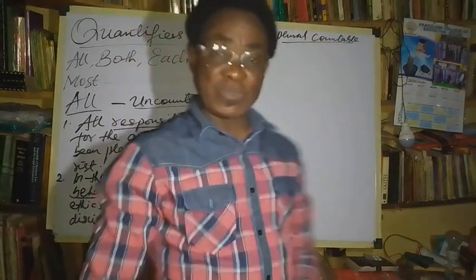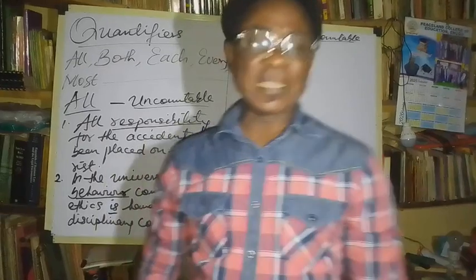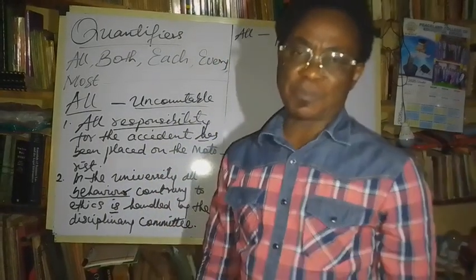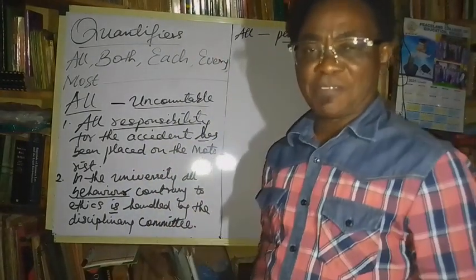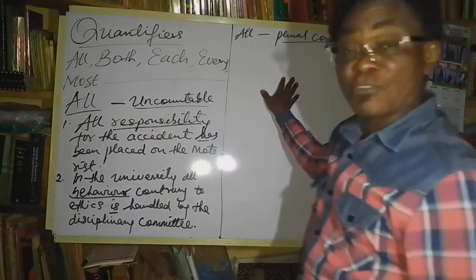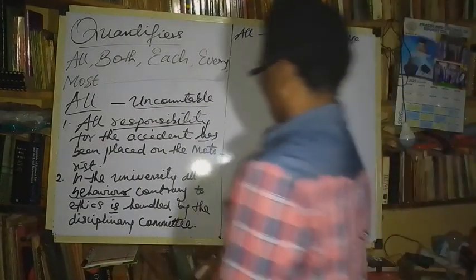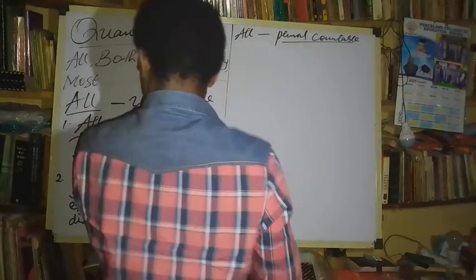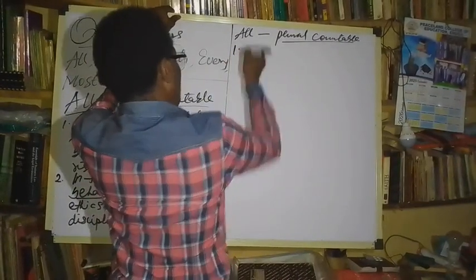When all is used with a countable noun, it is usually the plural form. So it is the plural form of a countable noun that can go with all. Example 1.